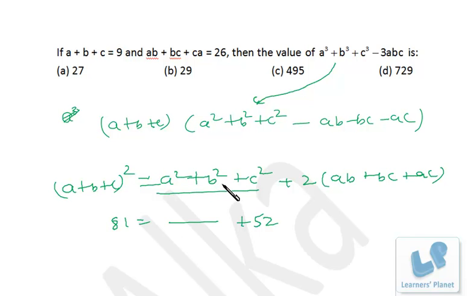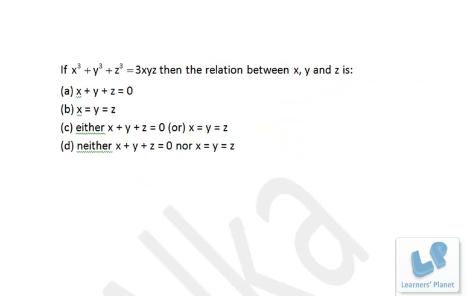So a square plus b square plus c square is 81 minus 52, so that's 29, right? I put 29 minus ab plus bc plus ac, that's 26. a plus b plus c is 9. So 29 minus 26 is 3, 9 into 3, 27. Okay, isn't it very easy? You should be knowing algebraic identities, that's it, nothing else.